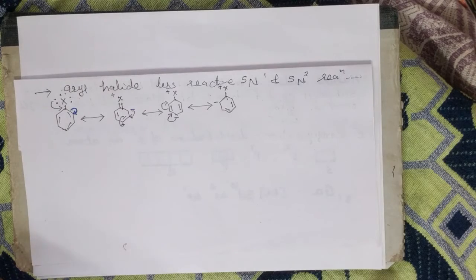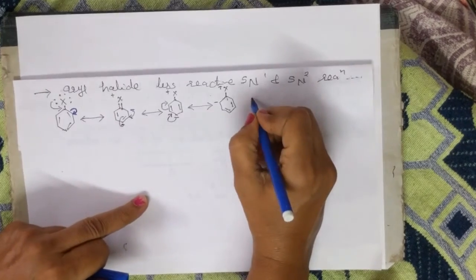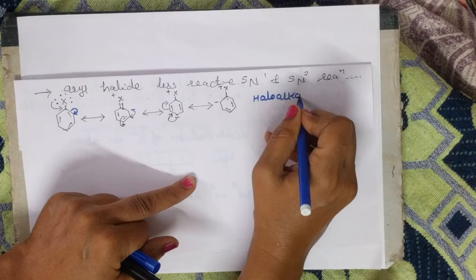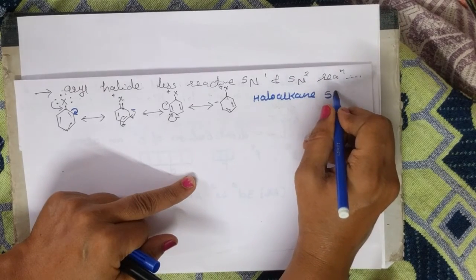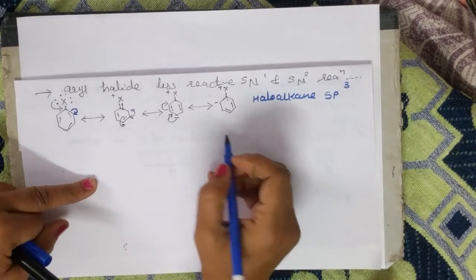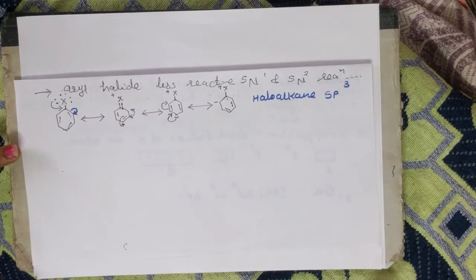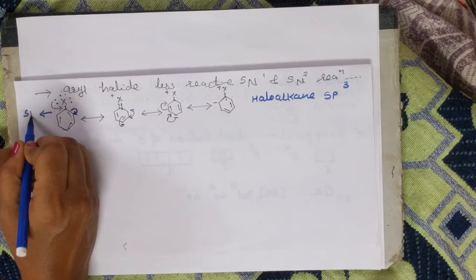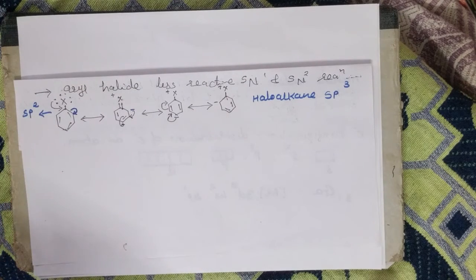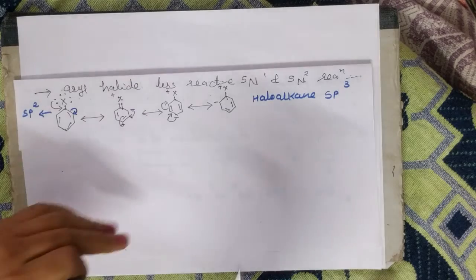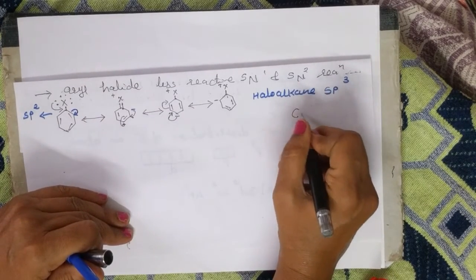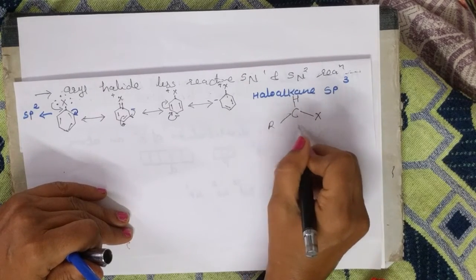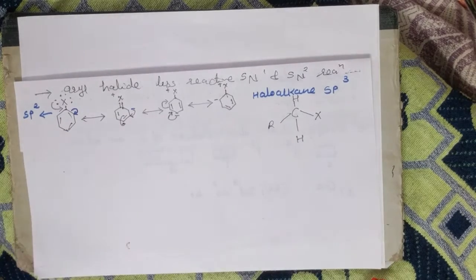The second point is the difference in hybridization of the carbon atom of the CX bond. In haloalkane, it is sp3 hybridization. As you know, haloalkane looks like X, H, R and H, so this is sp3 hybridization.